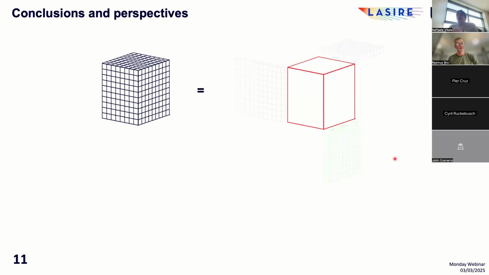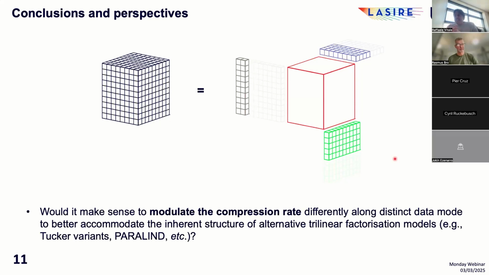My question was the following: would it make sense to somehow modulate the compression, trying to extract a different number of factors for individual modes to better accommodate the inherent structure of alternative trilinear factorization models, like, for instance, Tucker variants, PARALIND, or similar?